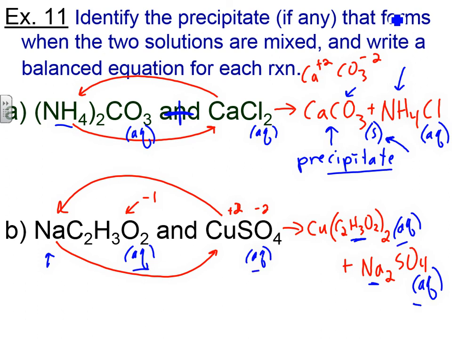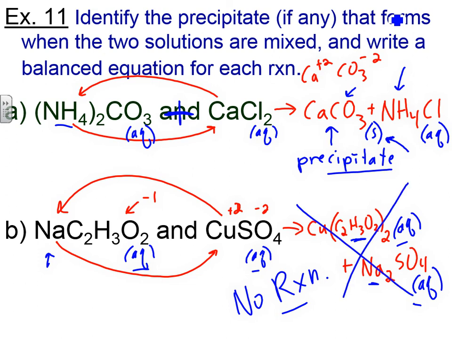And this is the first time we come up to an equation that you can't really write the products of. You really should not be writing these products, because there are no products. This has no reaction. And these solubility rules allow you to predict these reactions that have no reaction. It's logically possible for you to mix 2 chemicals and nothing happen. We know this is definitely possible, and that's what we're showing you here.